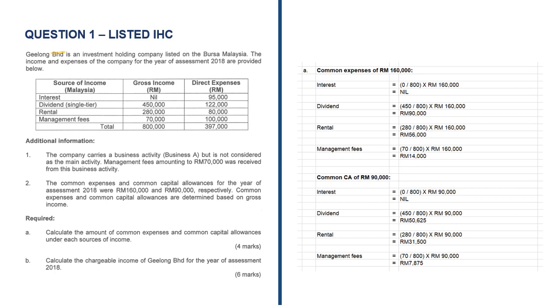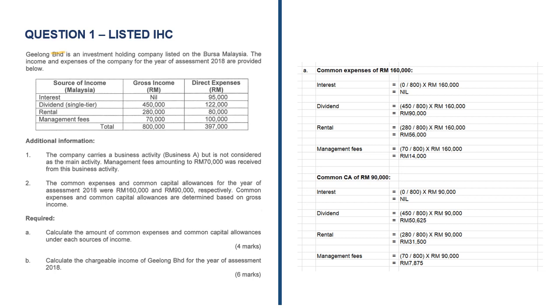Therefore, you do not need to worry much on the criteria of a company to be considered as IHC or not, since the question specifically mentions this one is IHC.